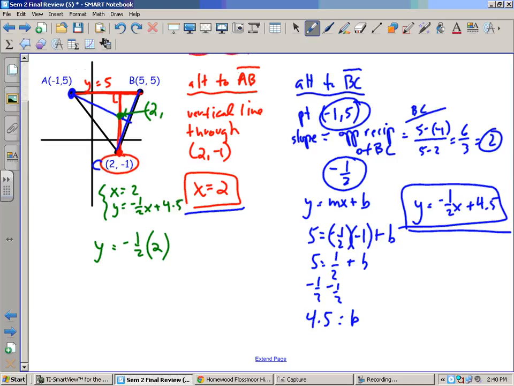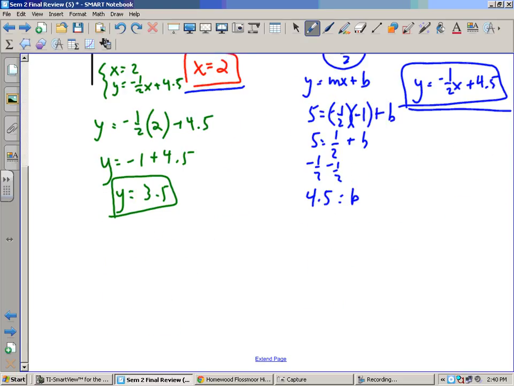If x equals 2, I end up with y equals -1 plus 4.5, or y equals 3.5. So therefore, the orthocenter is going to be 2, 3.5.